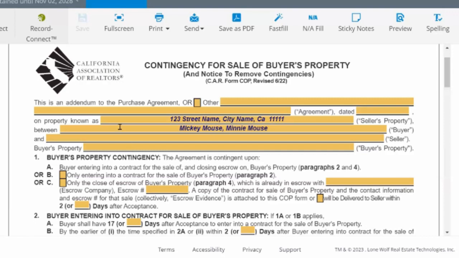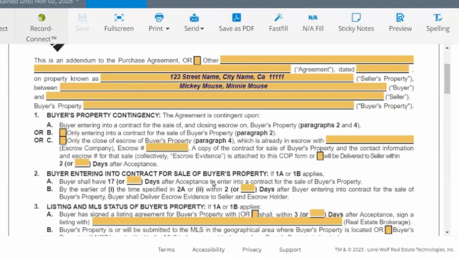Okay, so let me see. It's an addendum to the purchase agreement between the buyer and the seller. It's got the buyer's property contingency here. So this agreement is contingent upon the buyer entering into a contract for the sale and closing on buyer's property.